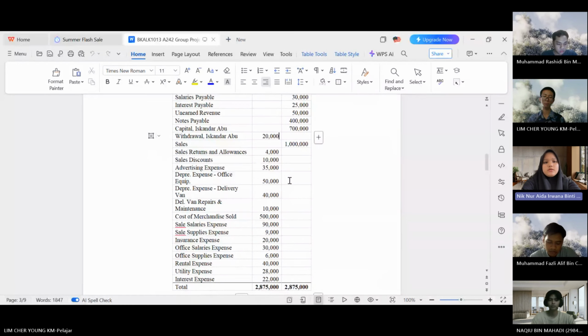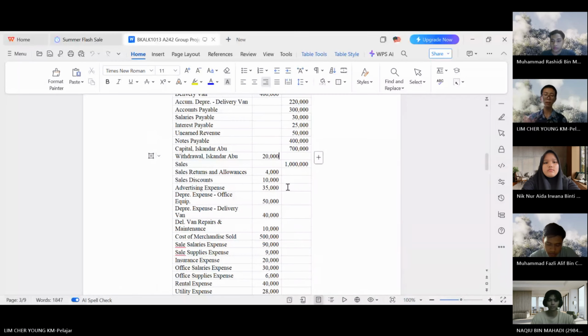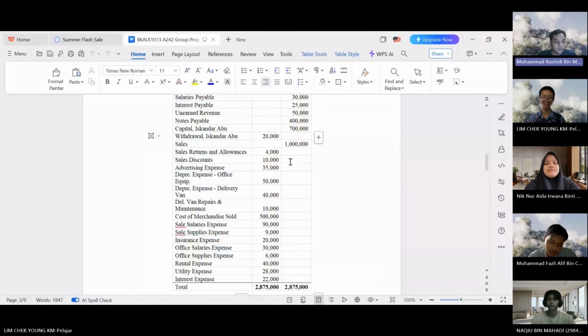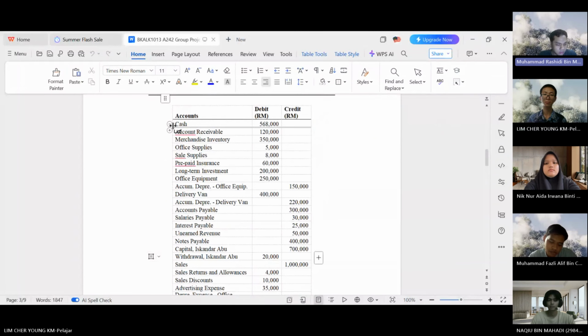All right, let's go to the statement of financial position. Under assets, do you want to handle current assets? Sure. Here we have cash of 568,000 and accounts receivable of 120,000.